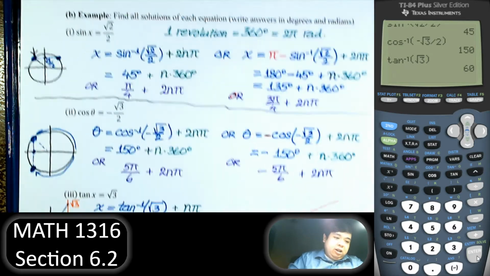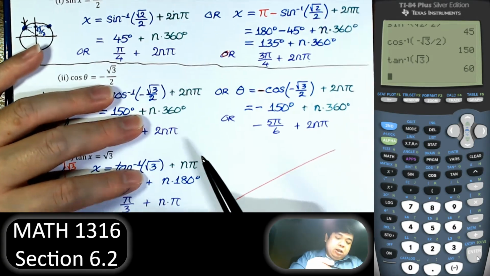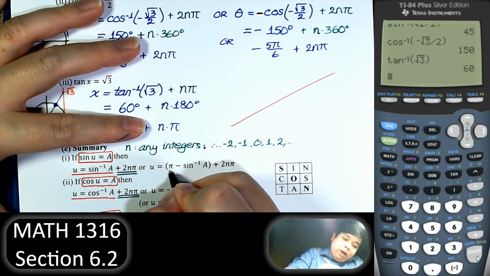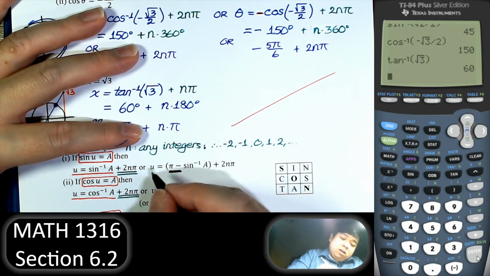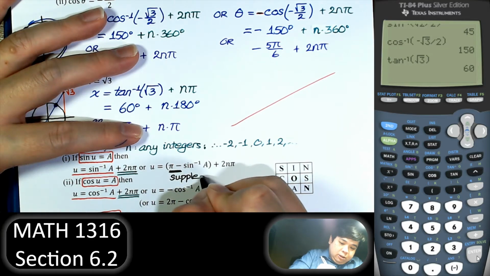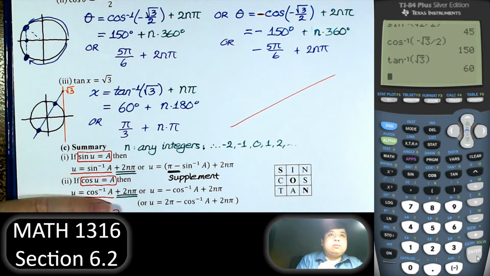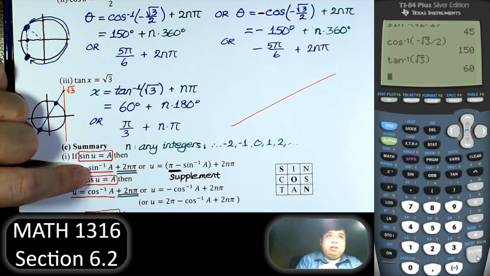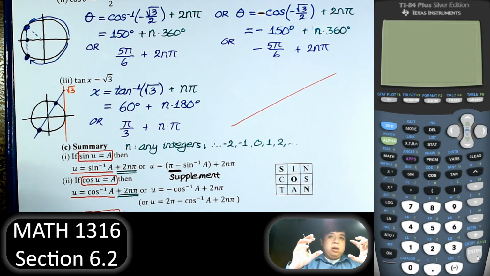For sine, there is also a point that is supplement to it. So for sine, we also have this solution: pi minus that, or 180 minus that, which we call the supplement to the sine inverse. So for sine, we have the sine inverse and its supplement.